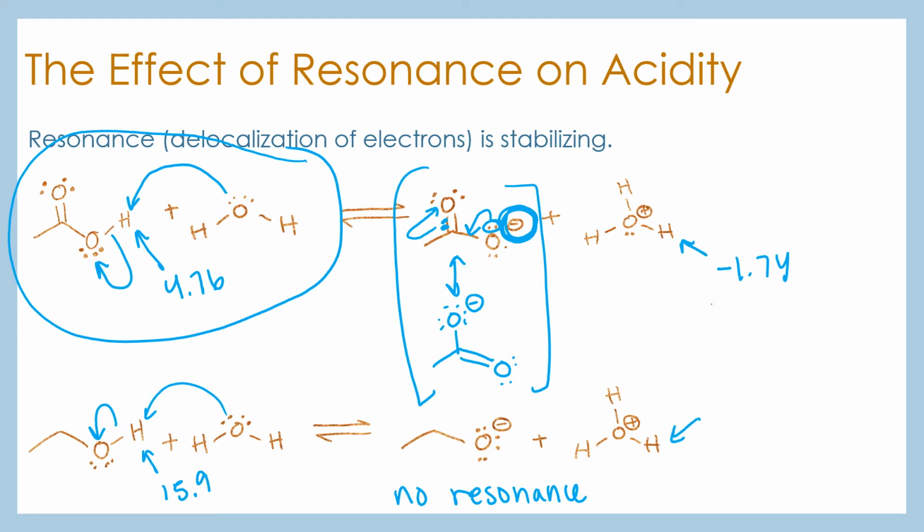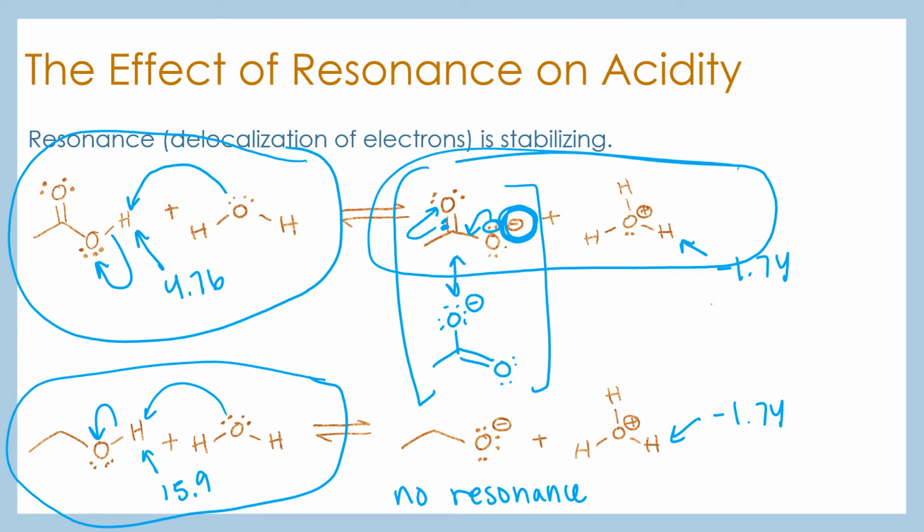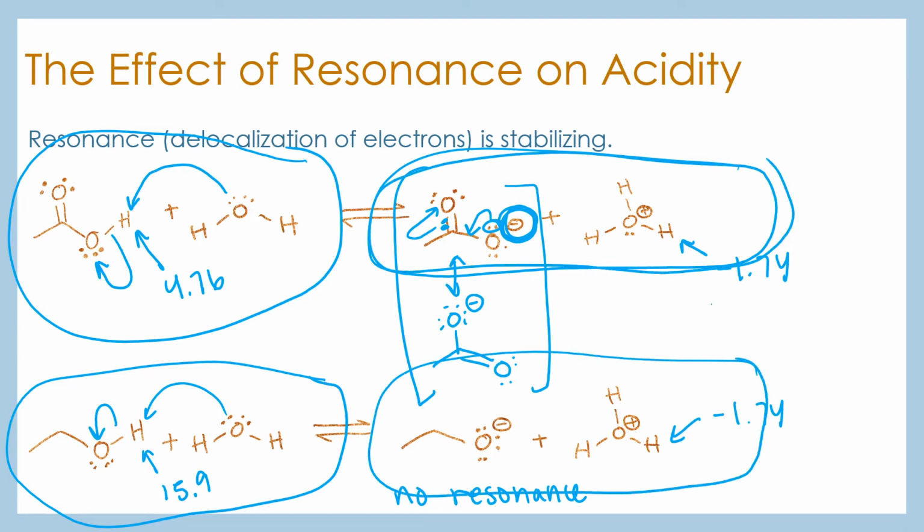And again, hydronium has a pKa of negative 1.74. So again, we're going to favor the reactants. But these are not the same equilibrium. The difference between the pKa of acetic acid and hydronium is much less significant than the difference of pKa between ethanol and hydronium. So if we were comparing these equilibria, there is much more product being formed from the top reaction than there ever will be from the bottom reaction.